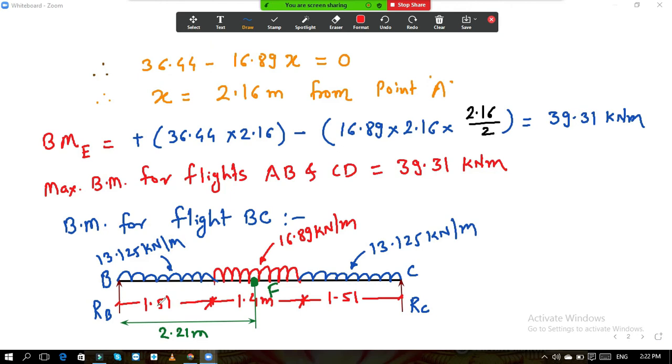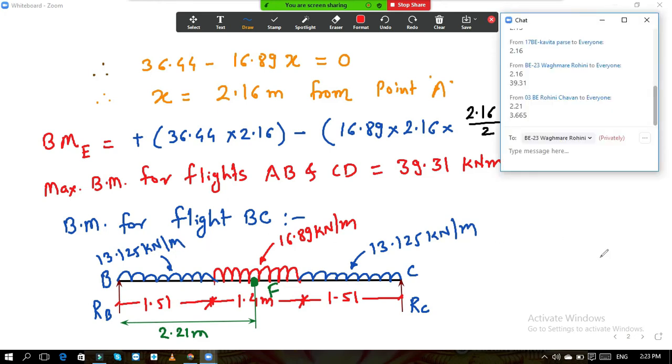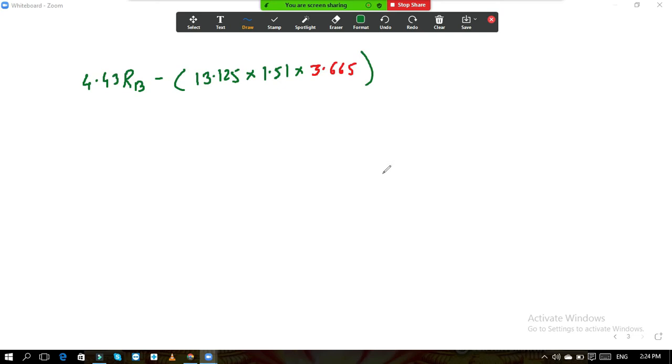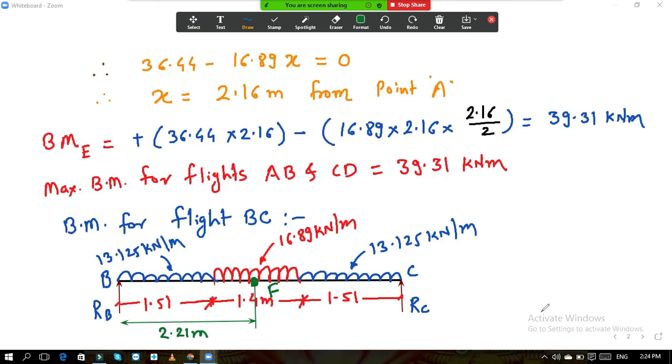It will act at the center of this 1.51. So if it is acting at the center of 1.51, what is the value? 3.665.